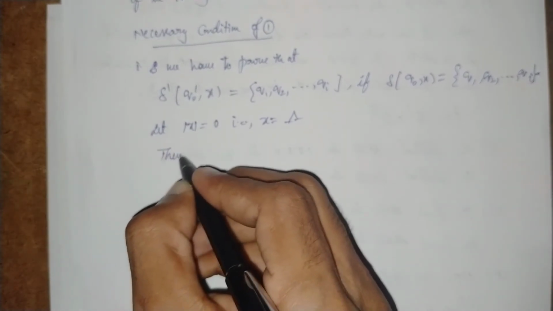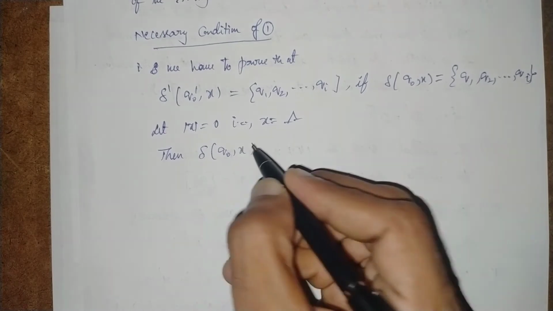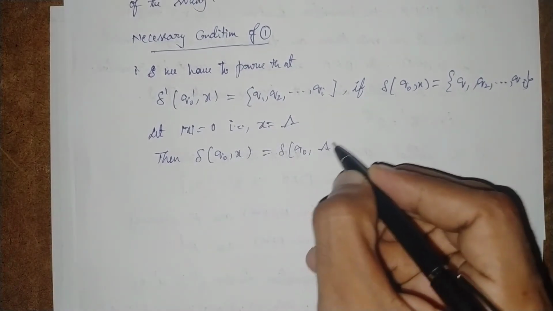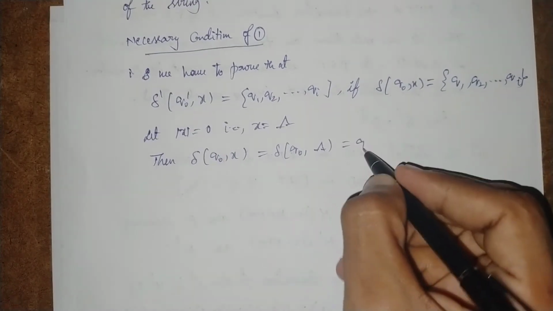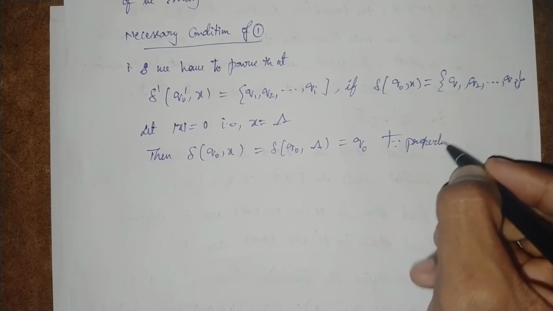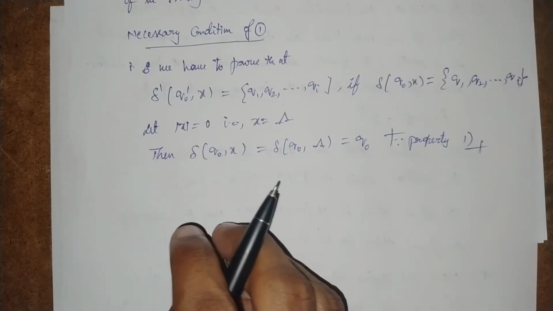Then delta of Q naught comma x is delta of Q naught comma empty string, which is equal to Q naught, which is property 1. Property 1 we have explained in the previous video.